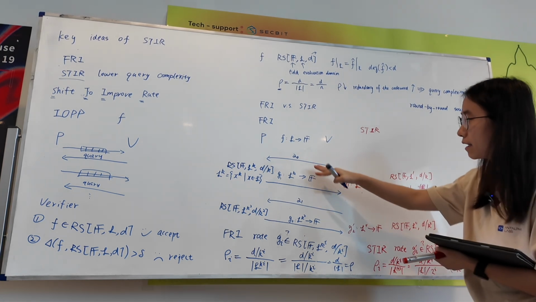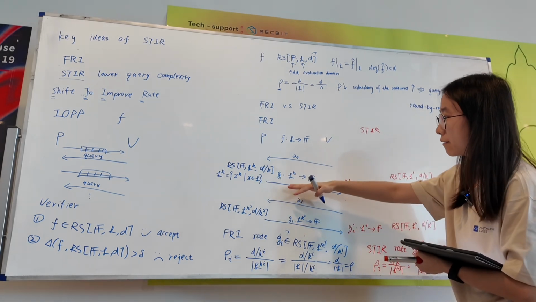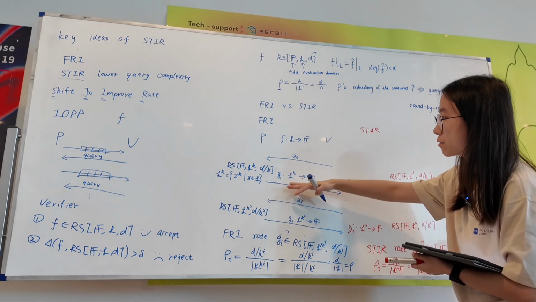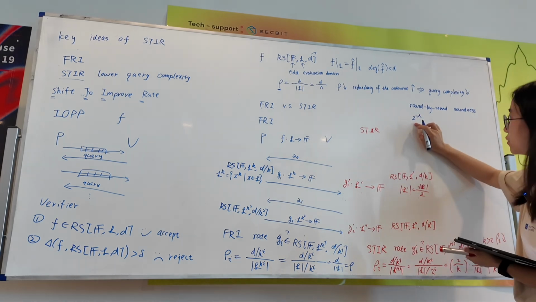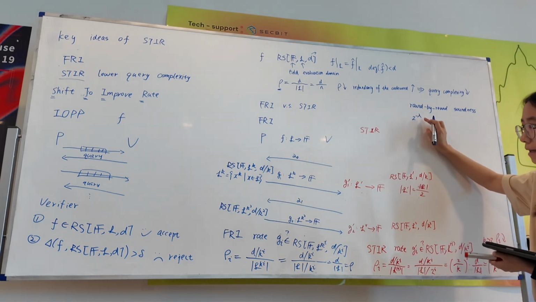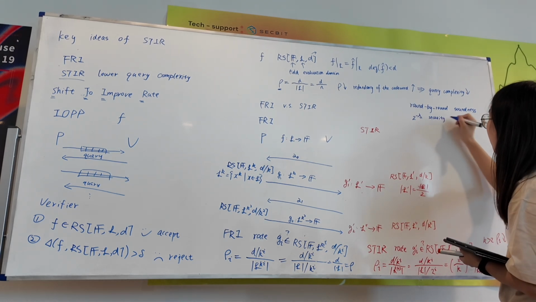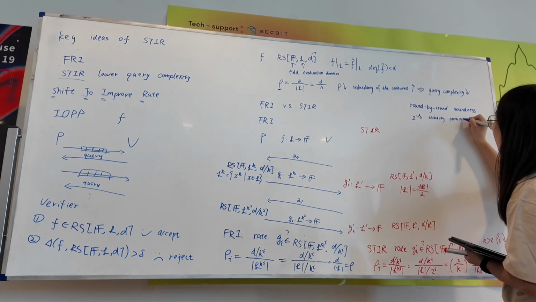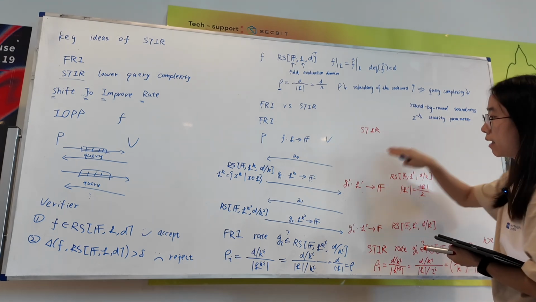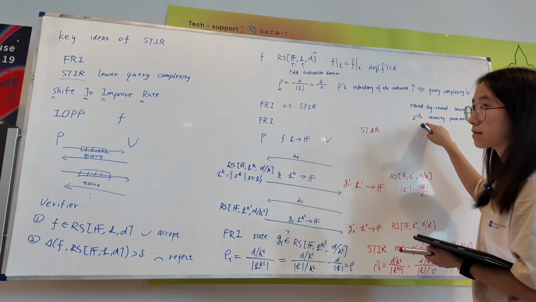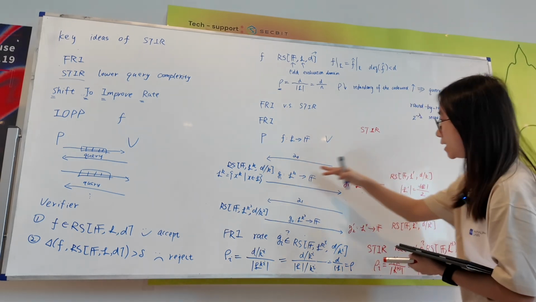It means that in every round the soundness error should be, for example, 2 to the minus lambda, where lambda is the security parameter. So in every round, to get this security you can query t_i times.